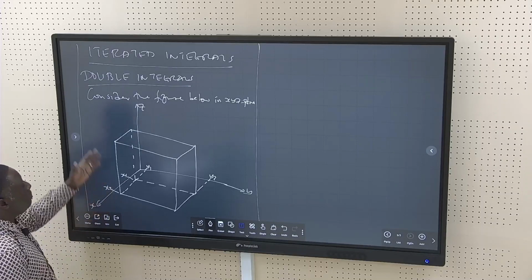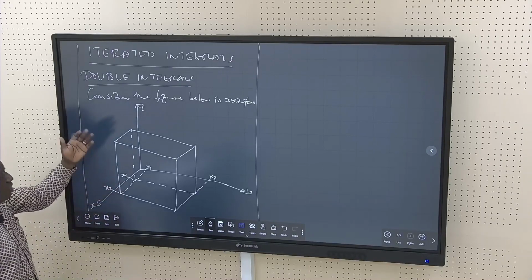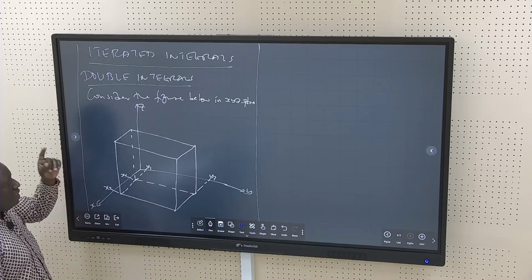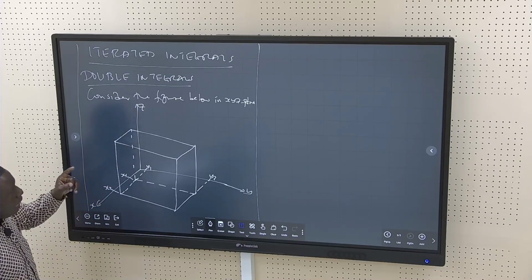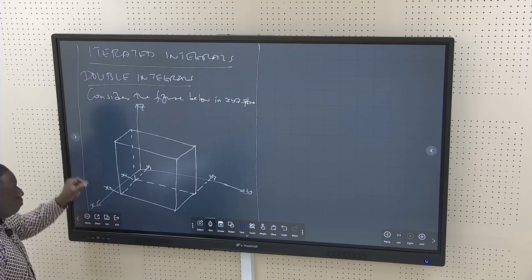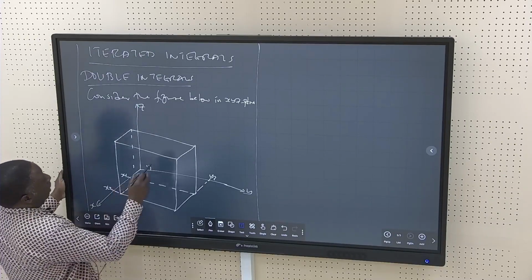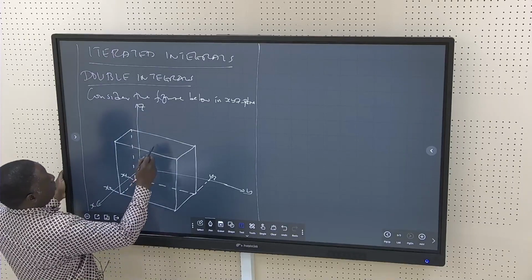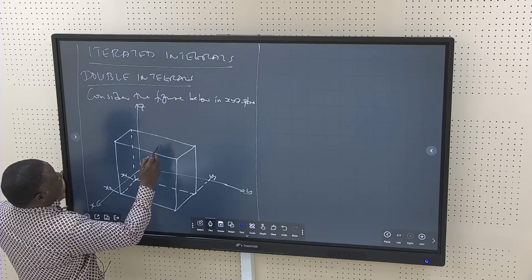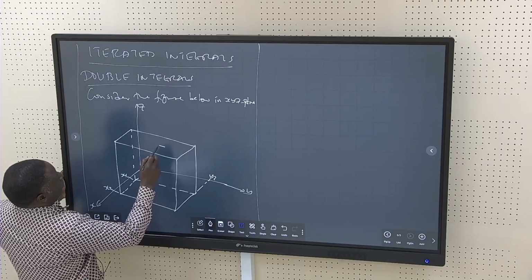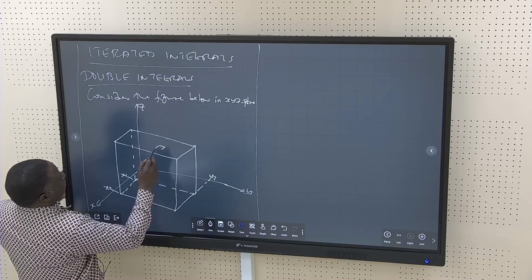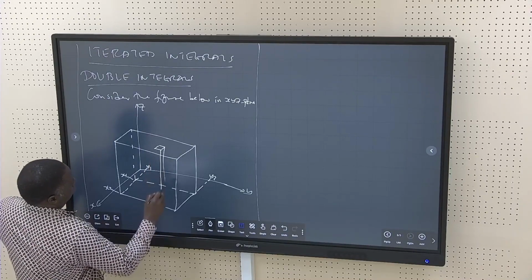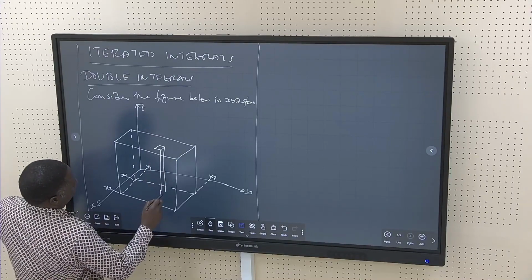You can see if we wanted to find the volume of this block, we can just pick only one piece or one strip in 3D. We can find something here in 3D and try to evaluate.